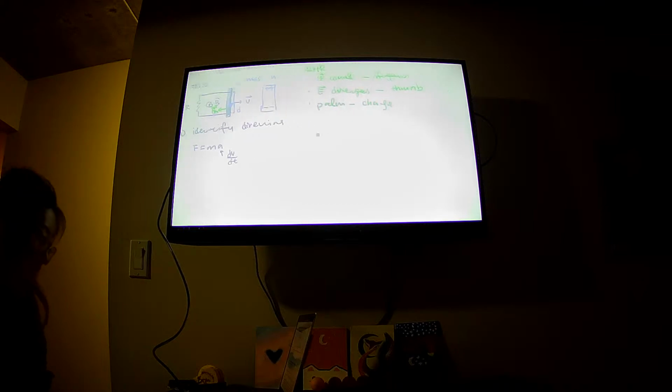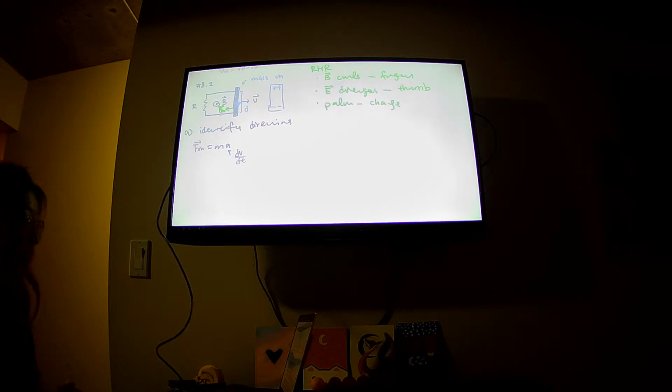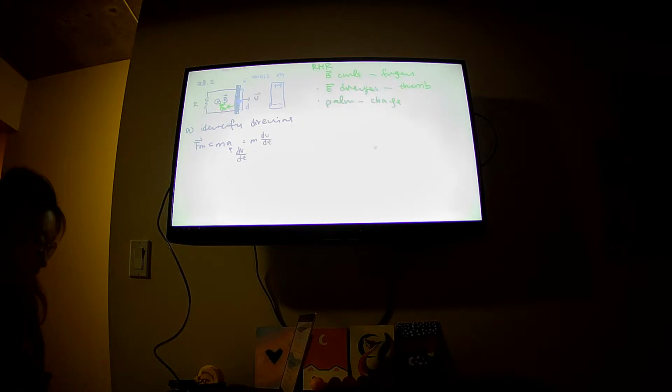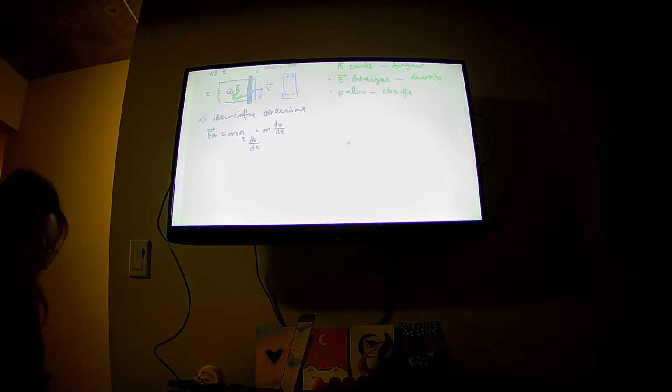So the whole thing you can write as your magnetic force, the force induced by your separation of charges, is equal to the mass times dV over dt. All right, and then the dV. How do we calculate the dV? Wait, what am I doing? This is a first order separable differential equation.